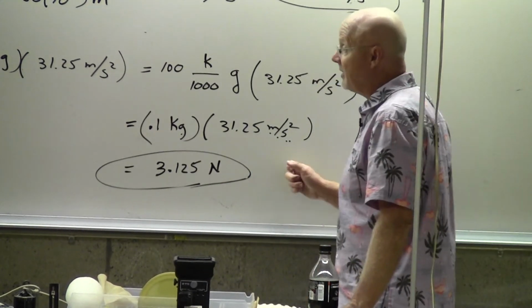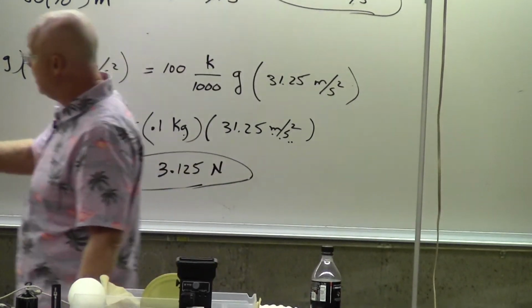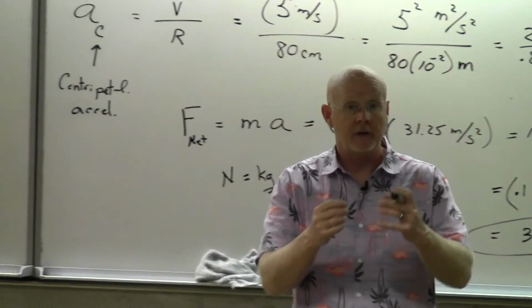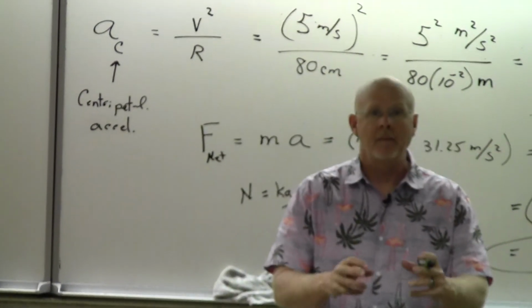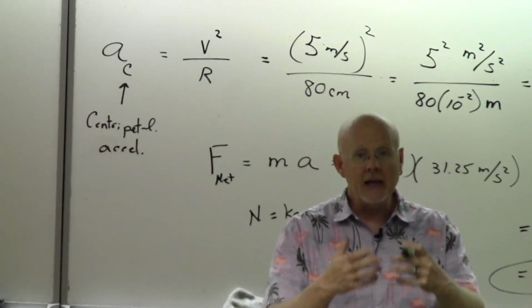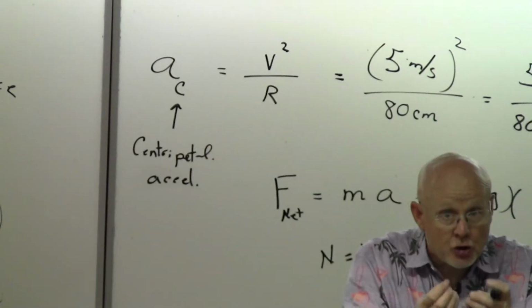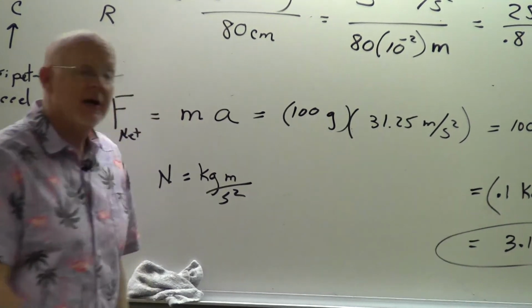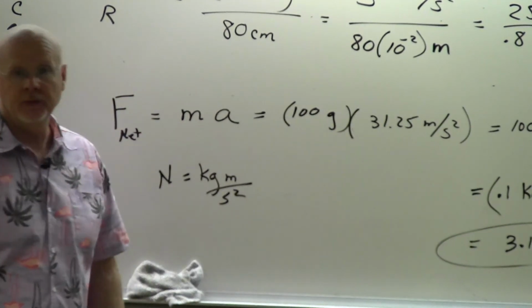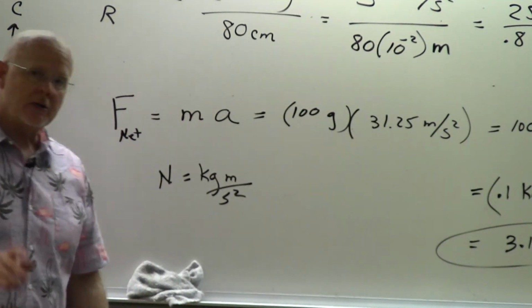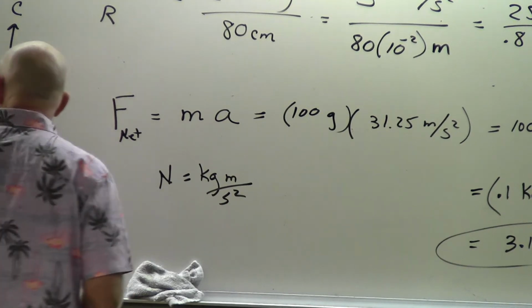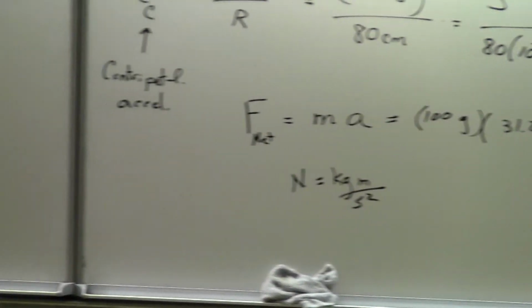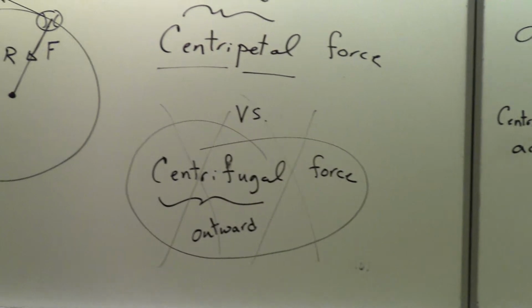And so this is what we call the centripetal force, because it is then equal to the mass times the centripetal acceleration. Okay? And so that's our object moving in a circle. And that's really the first half of this chapter, but I want to show you one diagram, and then we'll call it a wrap for today.